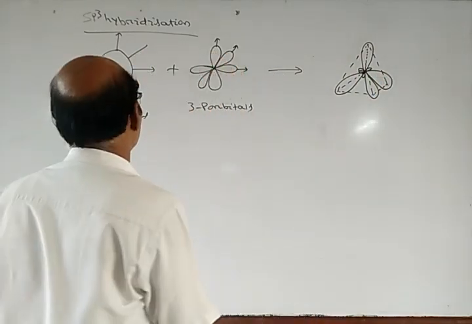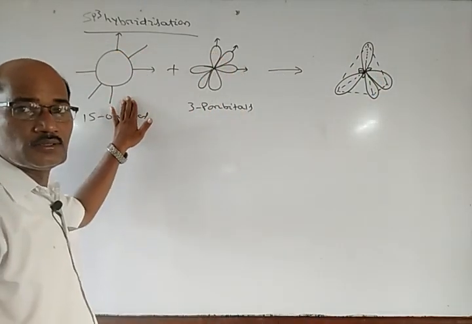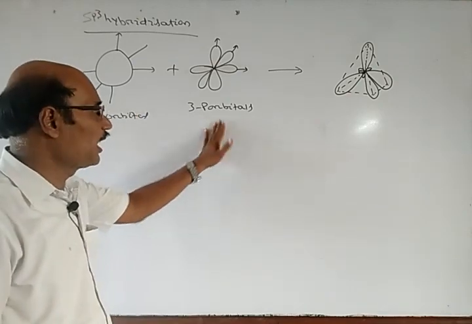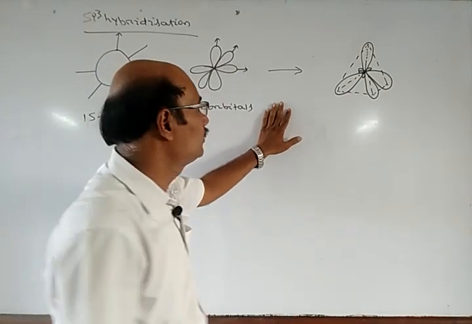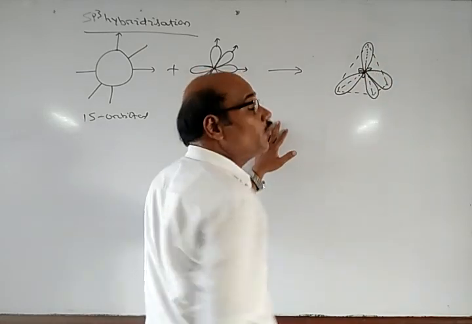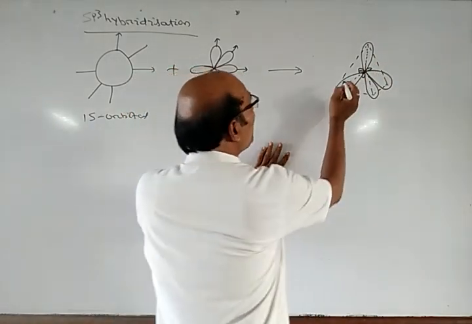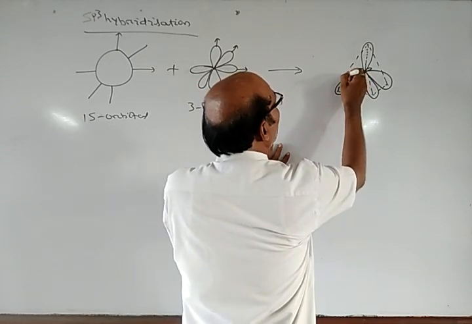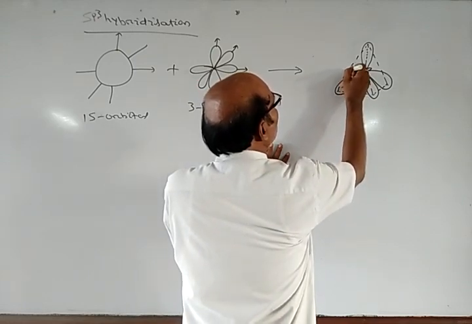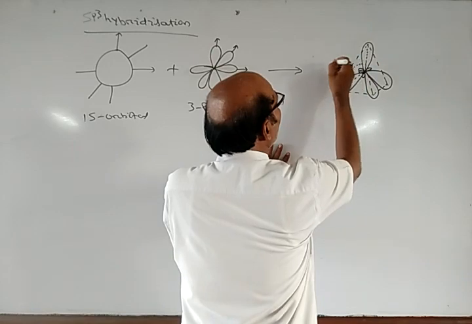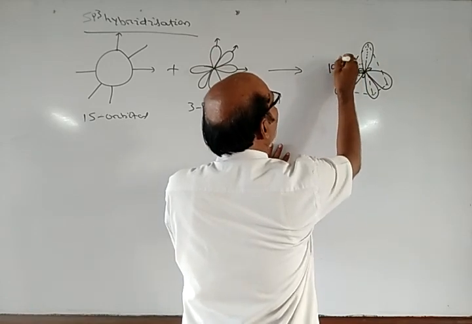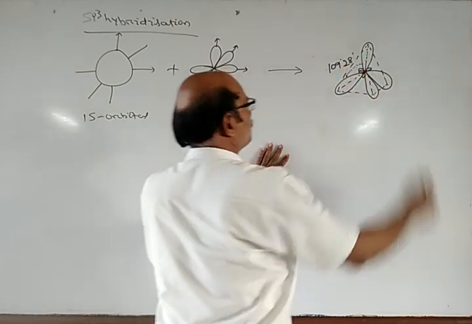Okay. So, one s orbital and three p orbitals hybridize to form what? Four sp3 hybrid orbitals. These hybrid orbitals are arranged in space in a regular tetrahedral manner, forming a bond angle of 109 degree 28 minutes.